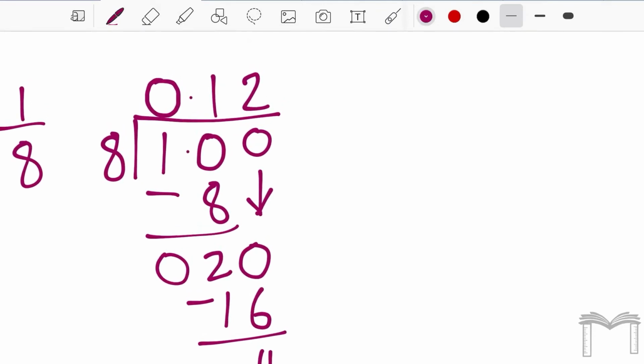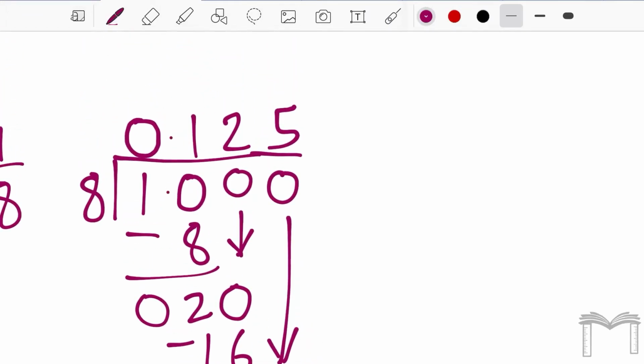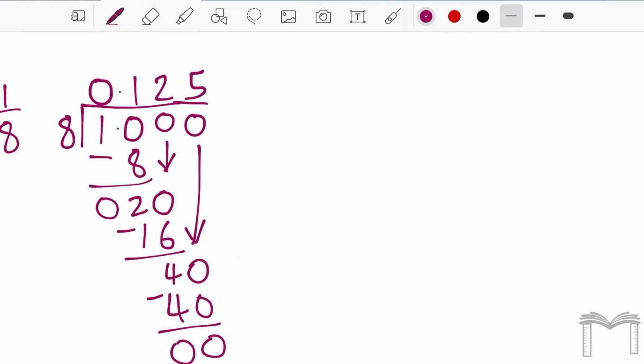Right. We add another 0. We get 8 into 40 is 5. 5 times 8 is 40. So now we have no remainder. So your answer is 0.125.